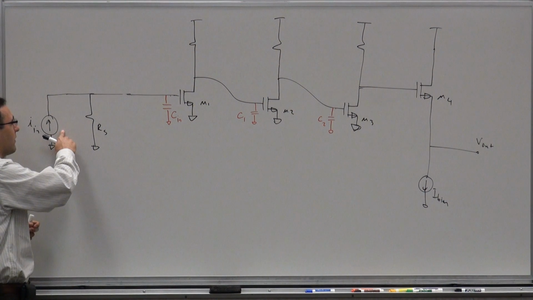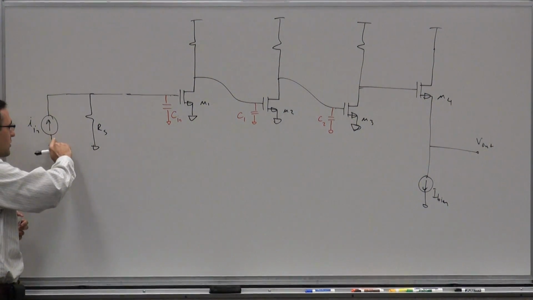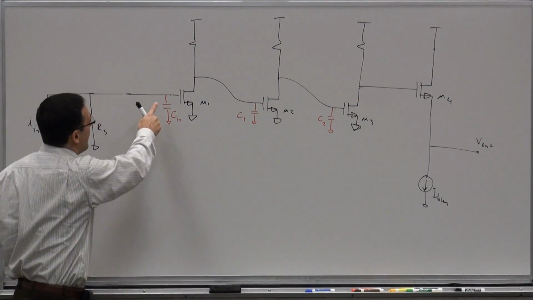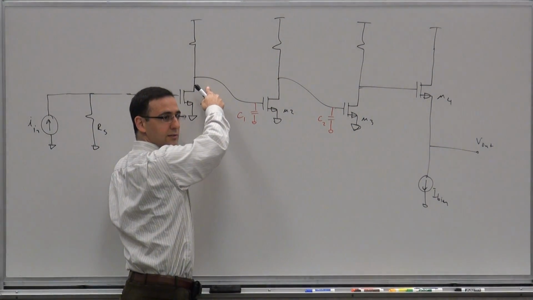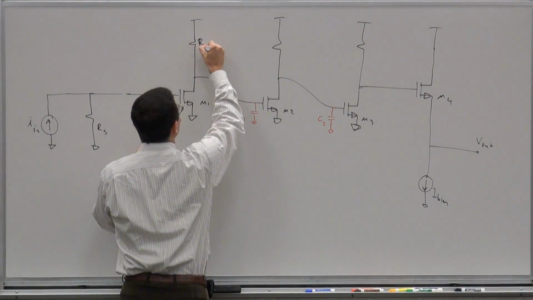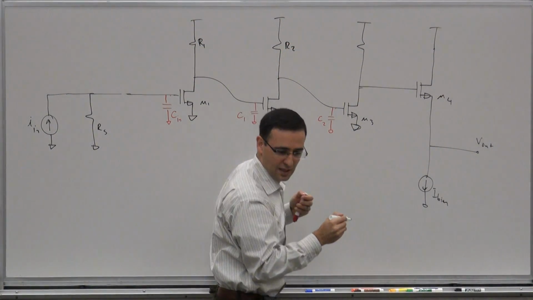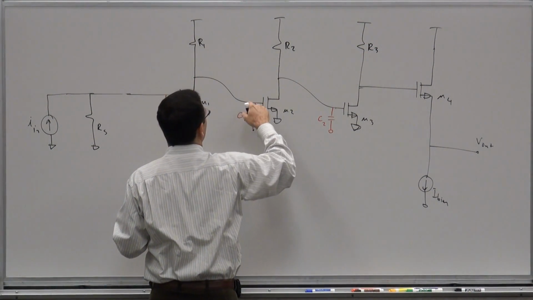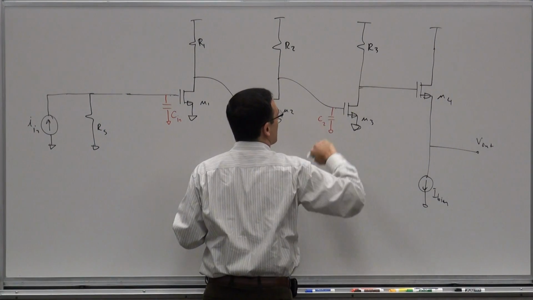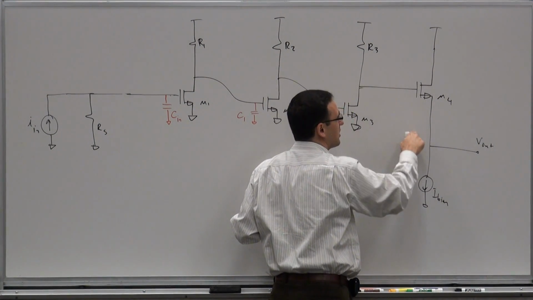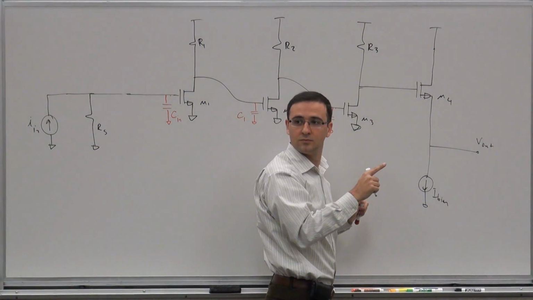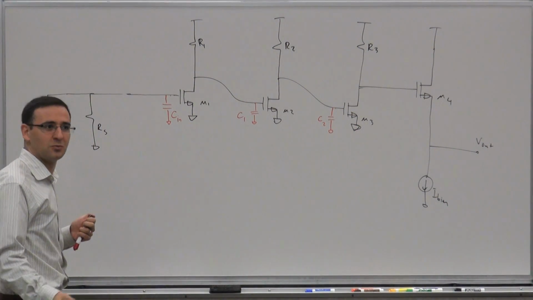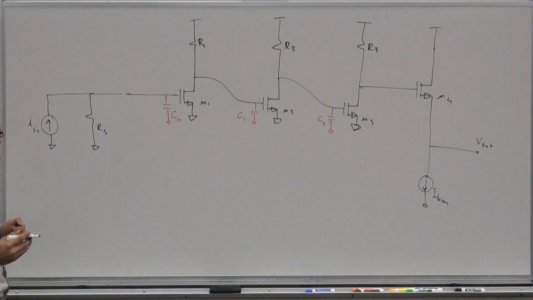First we have to convert this current to a voltage, and then GM1R1 minus GM2R2 minus GM3R3. And what is the DC gain from here to there? 1, right? Because you have the current source, it's exactly 1.